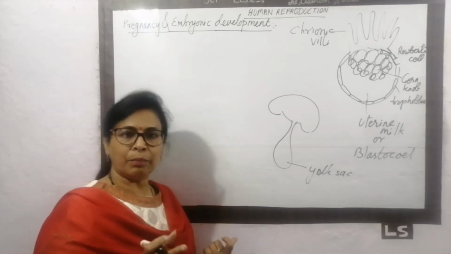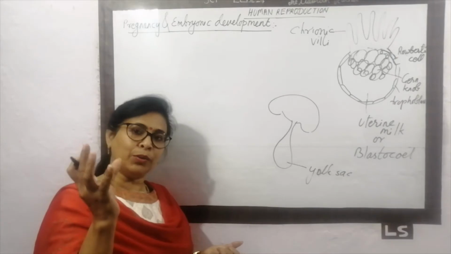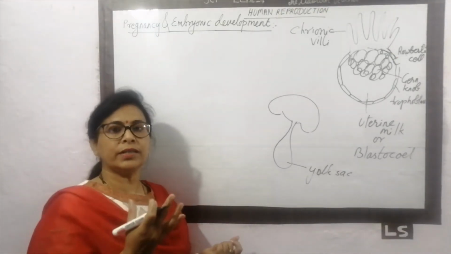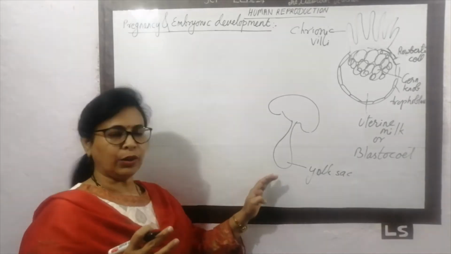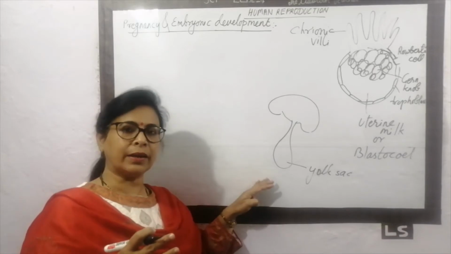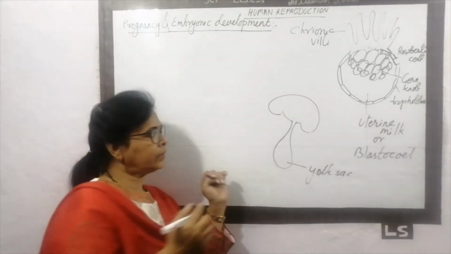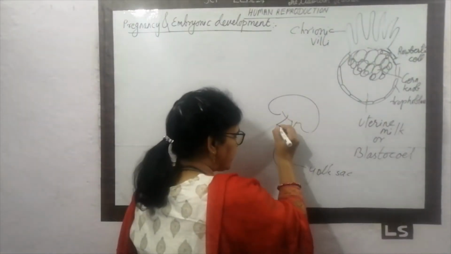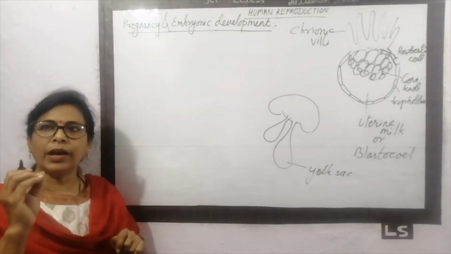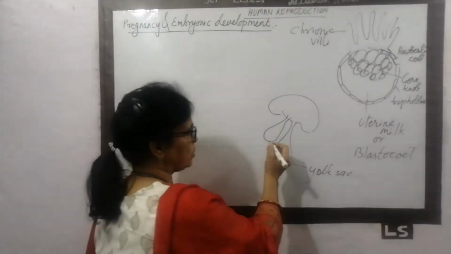But in reptiles and birds, the development of the embryo is outside the mother's body, so they need nutrients, and those nutrients are provided by the yolk. In humans the yolk is limited because the body develops inside the mother's womb. So this is the yolk sac present here. But another packet-like structure is present here also at the time of embryonic development, and this part is called the allantois.